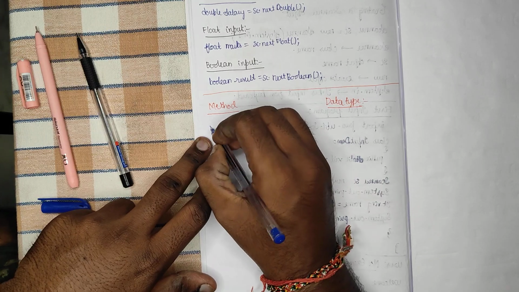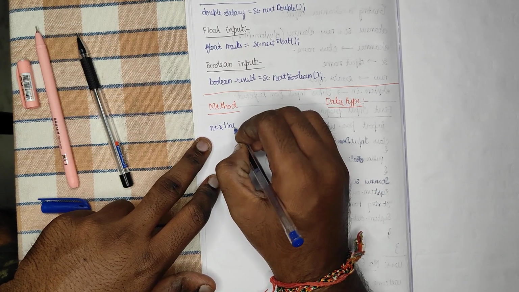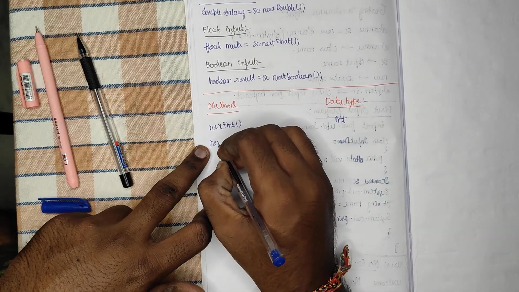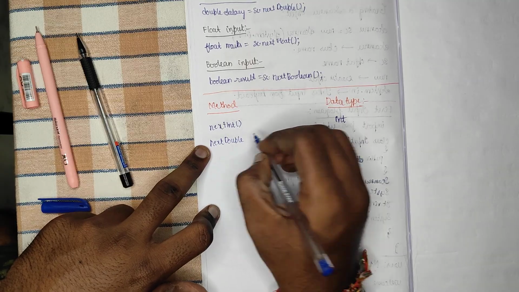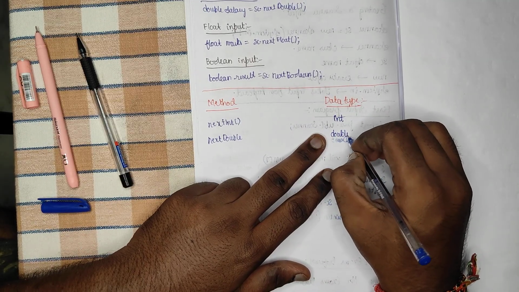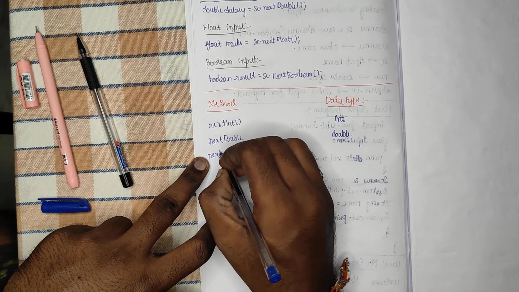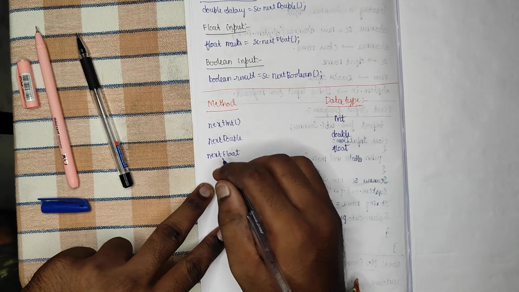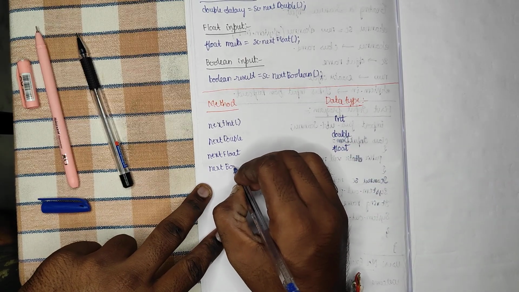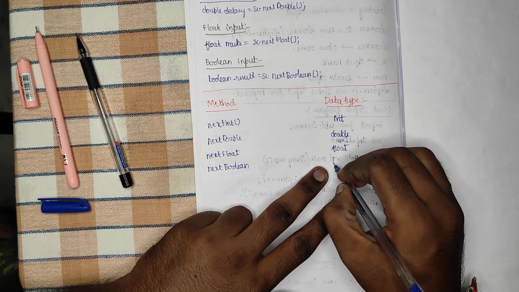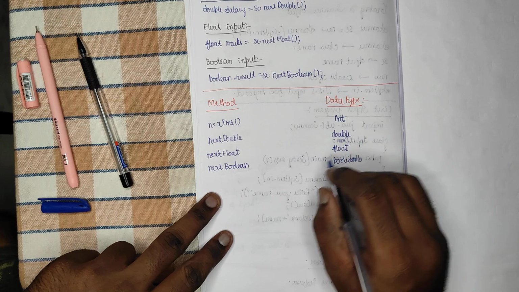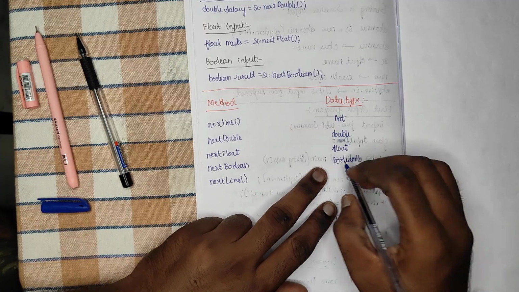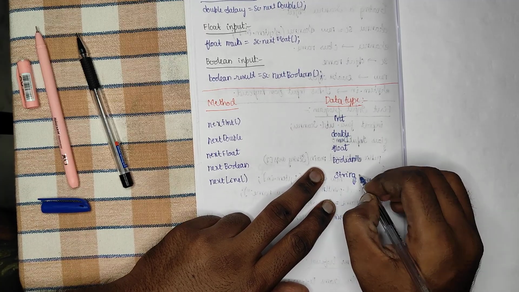So nextInt is integer type. nextDouble is double data type. nextFloat is float data type. nextBoolean is boolean data type, and nextLine is string data type.